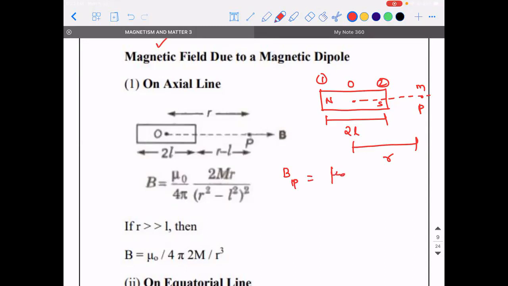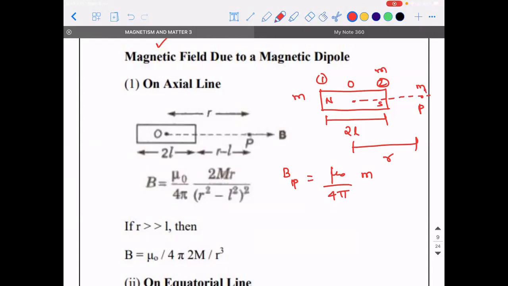It will be mu naught divided by 4 pi into the pole strength. Generally, the pole strength of a given magnet will be the same for both poles, so I'll take this as m and this as m.